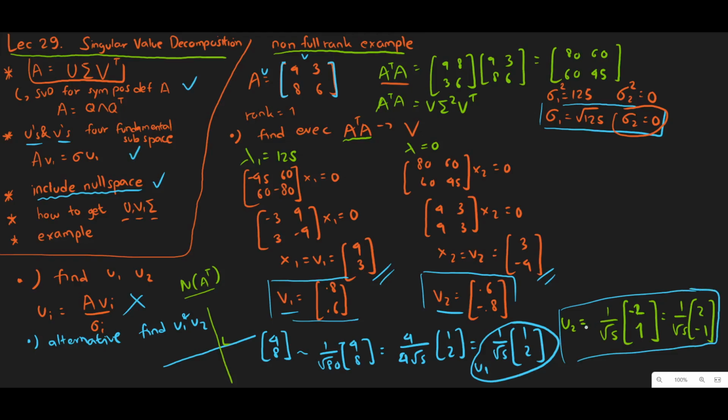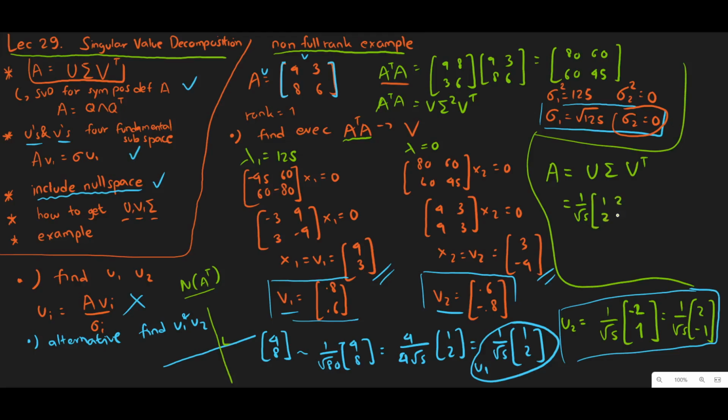Okay, so we have the U1 and U2 here, and we have V1, V2, we have sigma, so we can construct our matrix. Let's give it some space here. So A equals U sigma V transpose, U being 1/√5 times the first one 1, 2, and 2, -1, and the second one is this guy, and 0, square root of 125, and 0, and the other one is the V transpose.